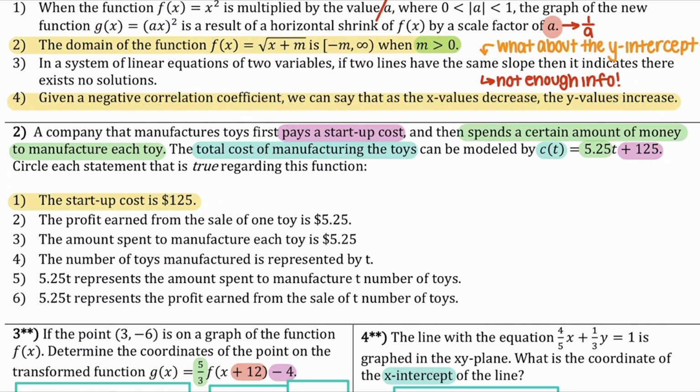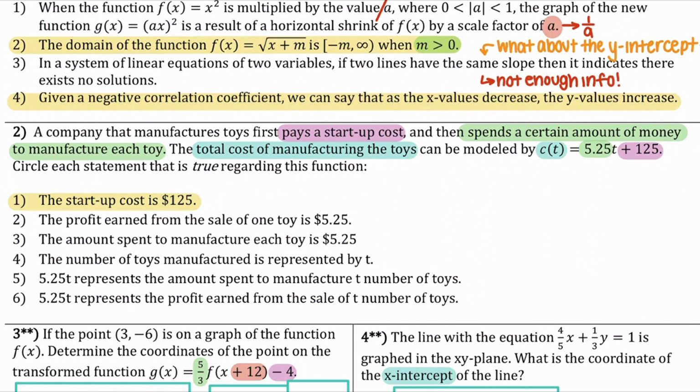Well, let's see. We said that the amount of money spent to manufacture each toy is 5.25. So it costs the company $5.25 to make the toy. Nowhere in the problem does it even talk about making money or profit. So number 2, bad.